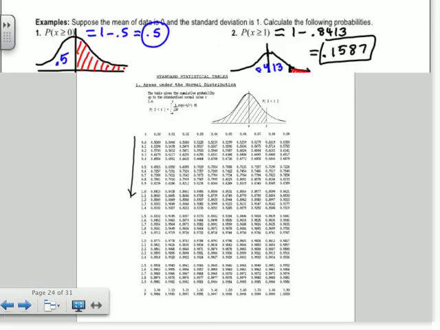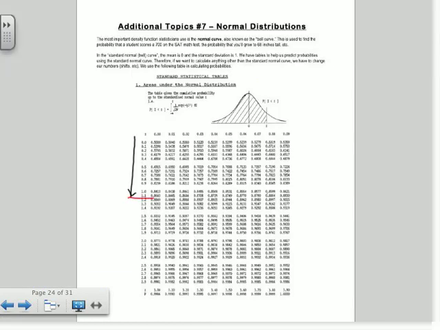We're only doing 2 decimals, so we have to round. So we go down to 1.1, so we're looking at this row. And then we go over, so this would be 1.10, 1.11, 1.12. See how it works? So 1.16. So go down there. So it's 0.8770.